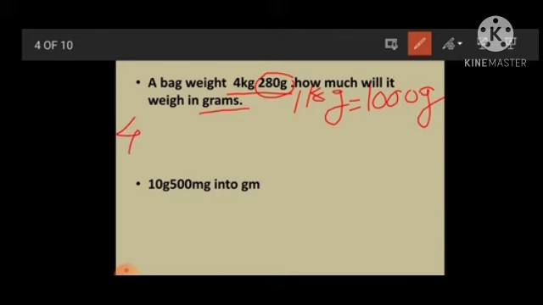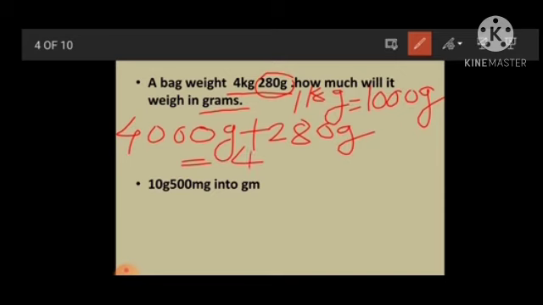So 4 kilogram is 4000 gram plus 280 gram equals 4280 gram.